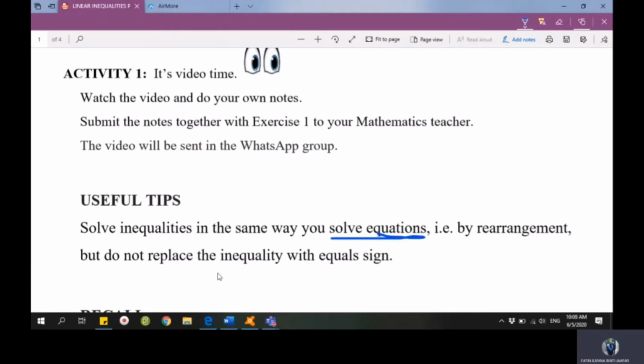But do not replace the inequality with an equal sign. We have to use more than, more than or equal, less than, or less than or equal. We no longer use the equal sign.